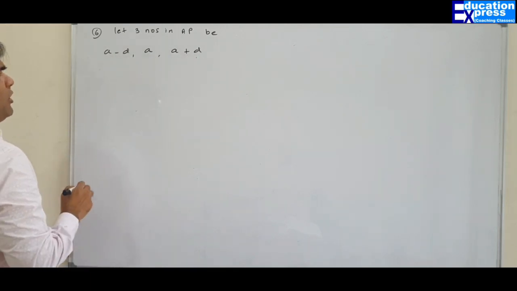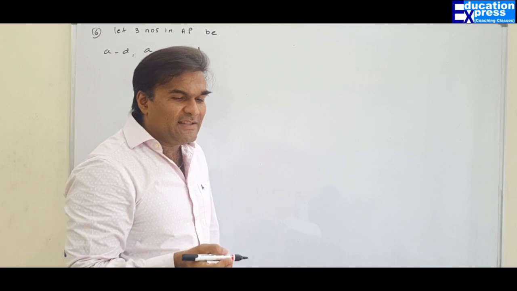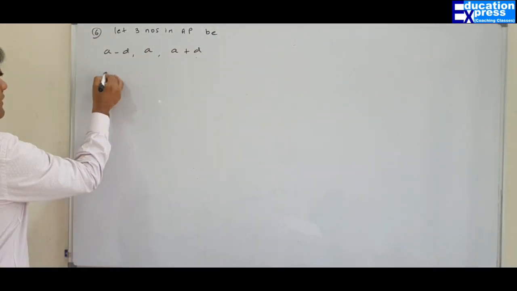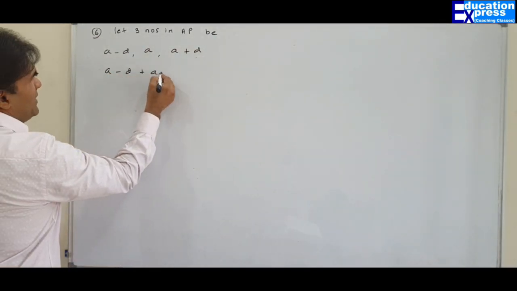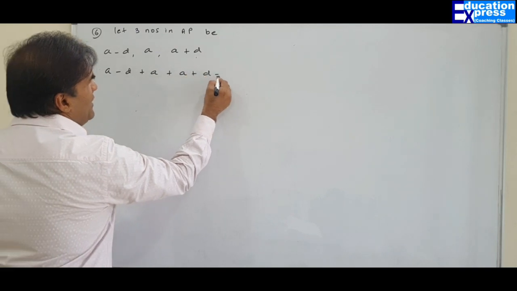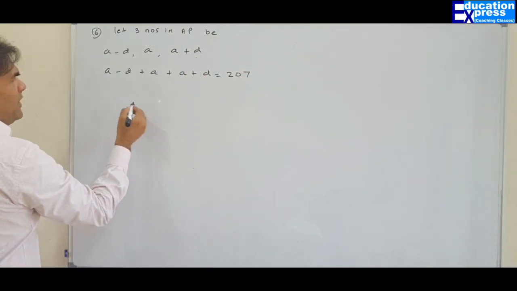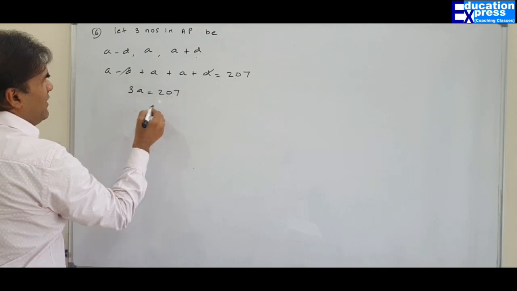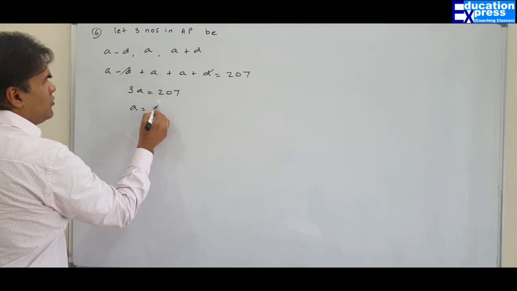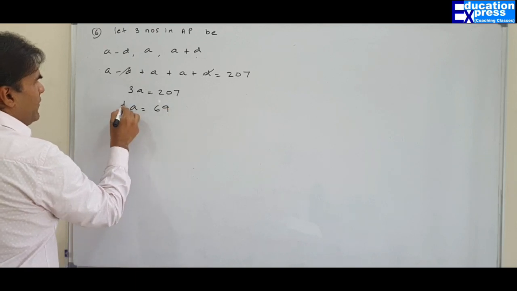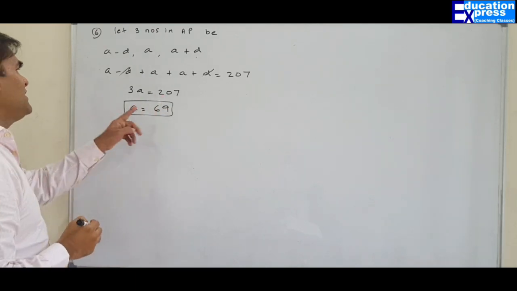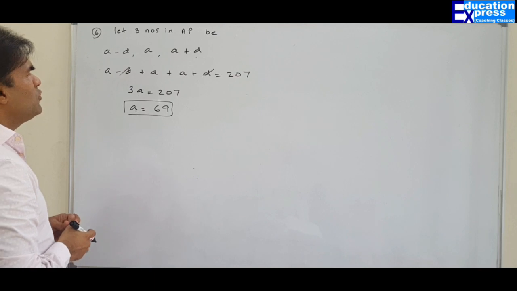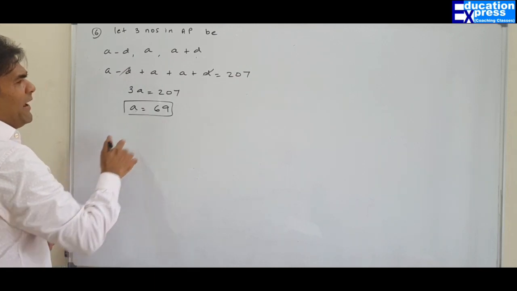They have mentioned that you have to split 207. So if you see A minus D plus A plus A plus D is 207. D and D cancel. 3A equals 207. A equals 69. When you do this calculation, 6 and then 3, 2, 7, so 9. We got the value of this.